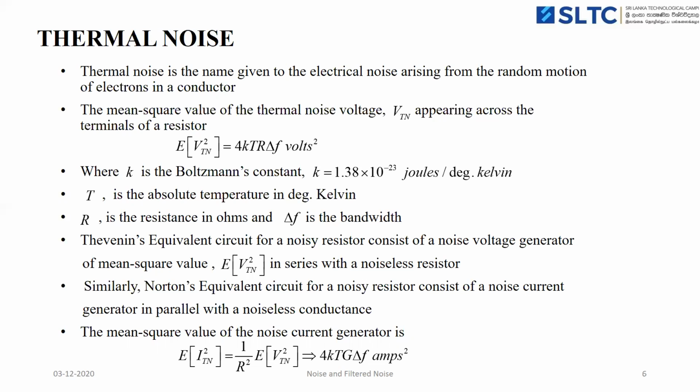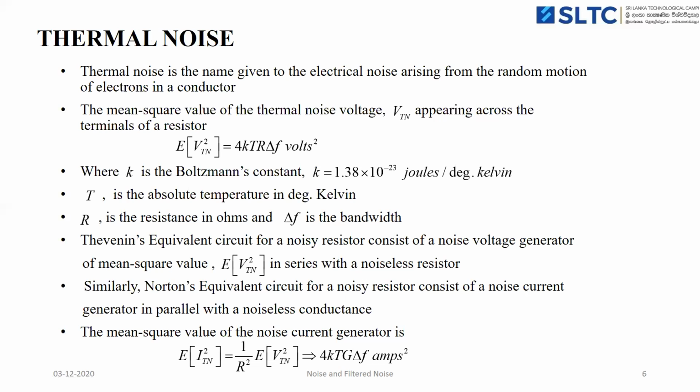That is the difference between the short noise and the thermal noise. Short noise arises in any electronic device due to the random fluctuation of the current or voltages, whereas thermal noise arises in a conductor due to the random motion of the electrons.